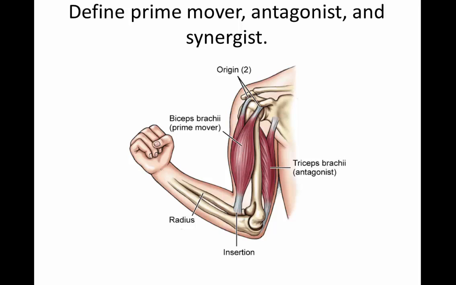One thing that we should note is that as I extend my arm, these roles switch. As I extend my arm, it is my triceps that's causing the extension, and therefore it is the prime mover or the agonist. And then the biceps is being stretched out as I extend my arm, and so it is the antagonist muscle.